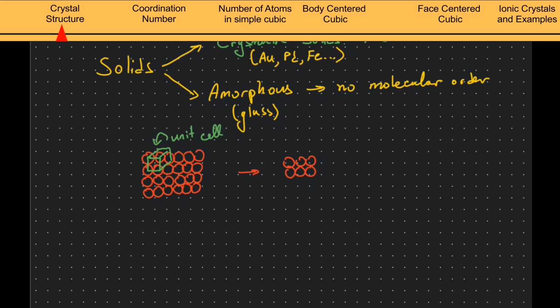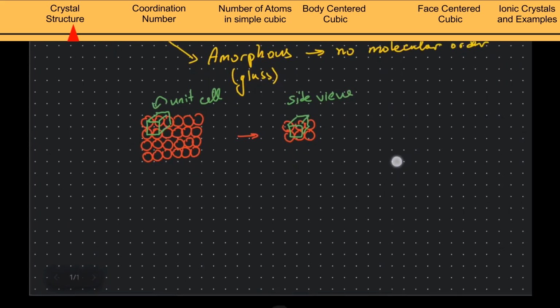So the basic repeating structural unit of a crystalline solid is the unit cell. And this was the side view. Each sphere represents an atom here, of course, or an ion or a molecule, and it is called a lattice point.